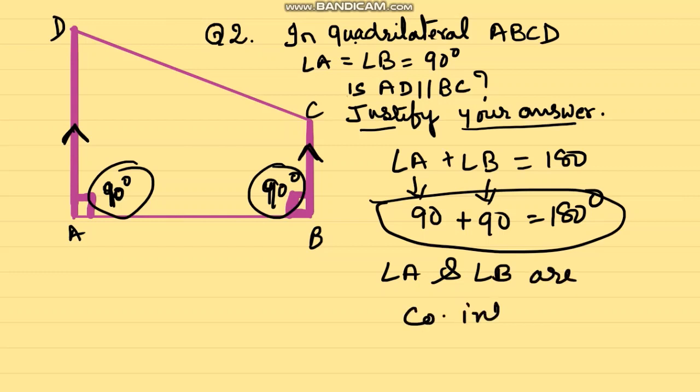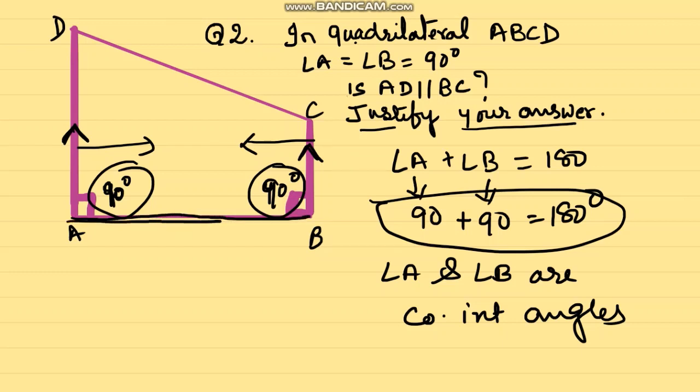They are inside the two lines, which have a transversal called AB.